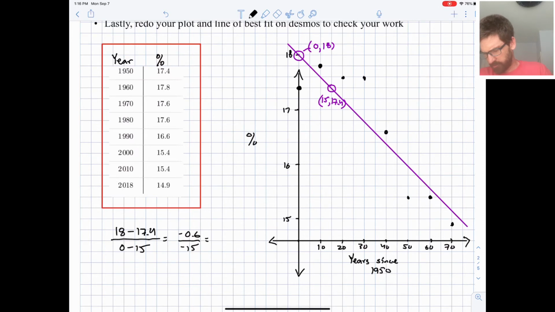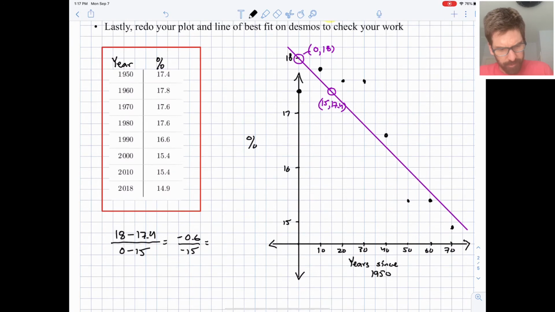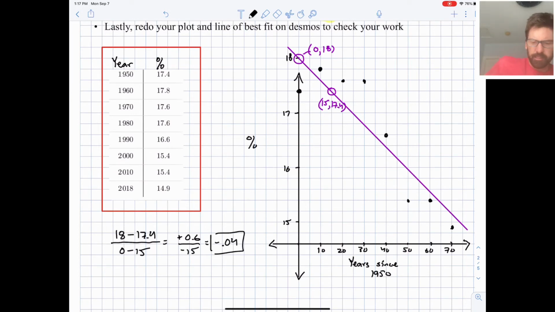And I'll get that on my calculator. I get a slope of negative 0.04. Okay, so what that means is every year the data are dropping by about 0.04%.